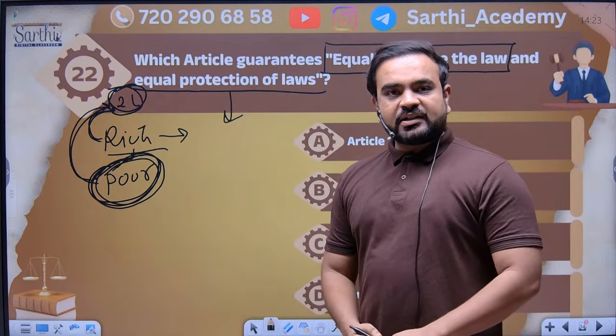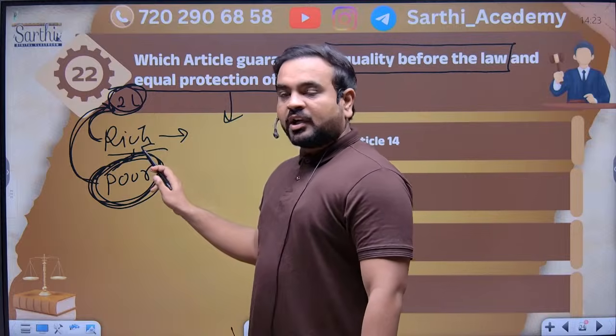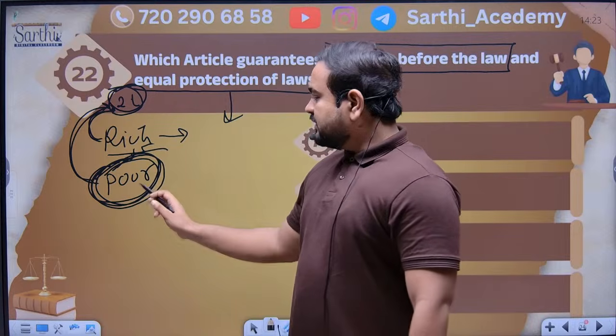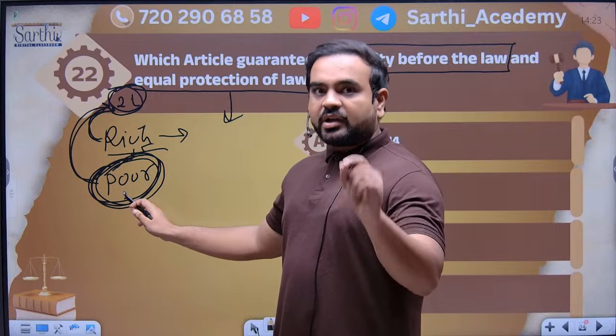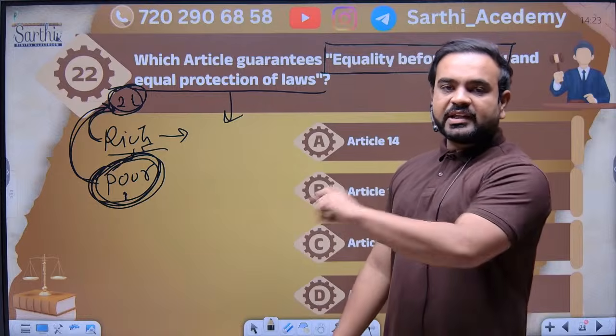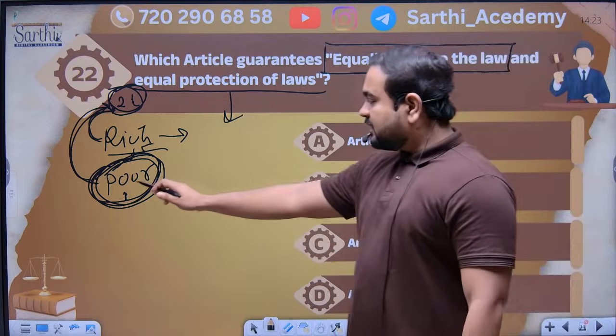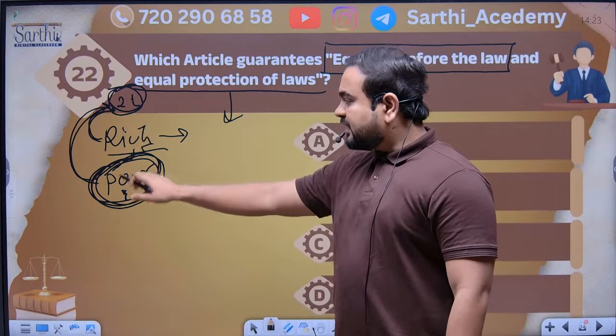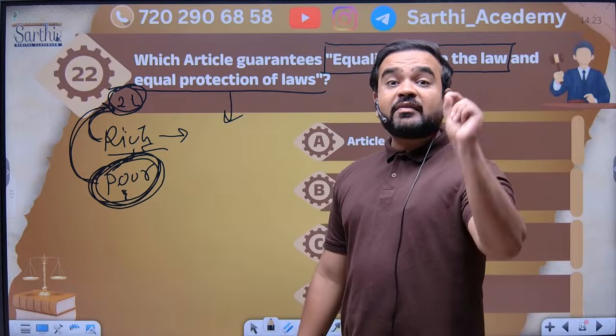He cannot say that. Why? Because you are rich, you can afford a lawyer, he is not rich, and if he cannot afford the lawyer, government can give him a lawyer. And if government has given a lawyer, that person cannot oppose, saying that my equality is violated.